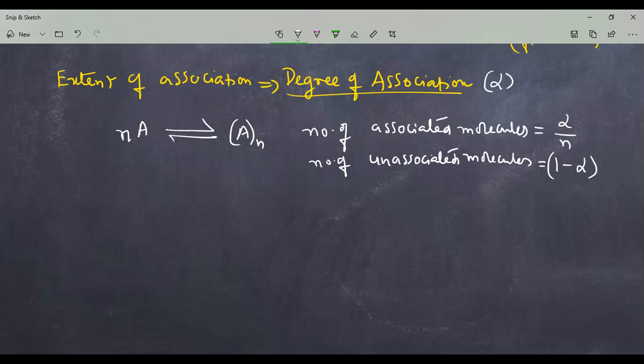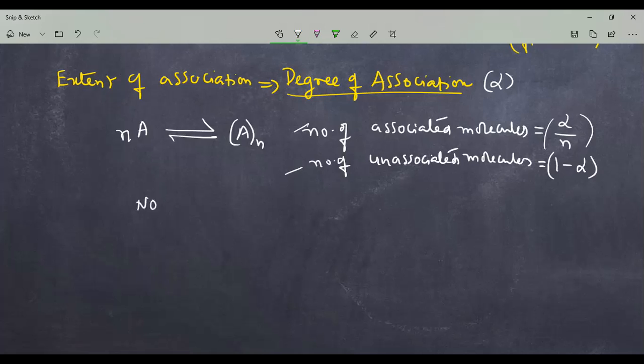You know that the observed osmotic pressure is due to the actual number of particles present in the solution. Since we assume associated and unassociated molecules, the number of effective moles in solution can be obtained by summing these two.